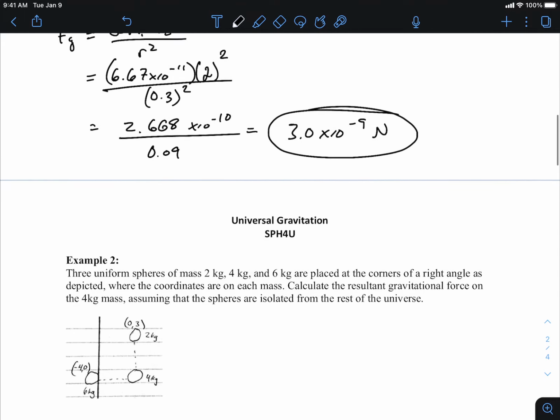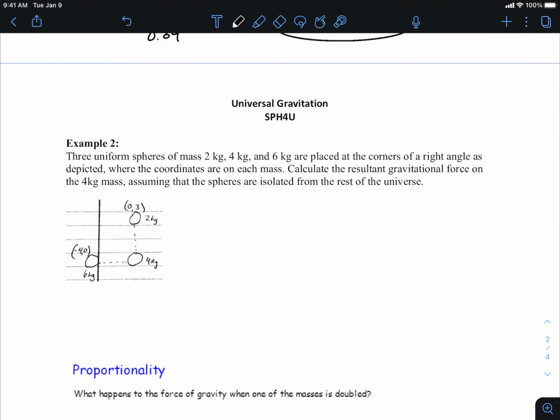But one other thing I'd like to do is just illustrate to you, we can also apply this force, just like all the other forces, into situations where they might be acting at angles, right? So what we're going to see here is what this question wants us to do. We have 3 different masses here, the 2, 4, and 6 kilogram masses, and what they've done is they've basically treated the 4 kilogram mass as sitting at the origin at 0, 0.